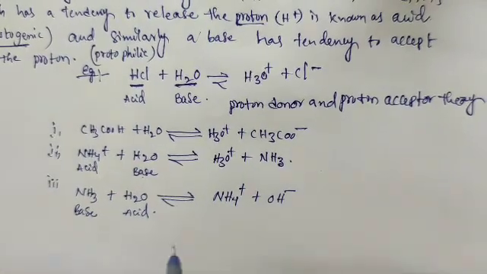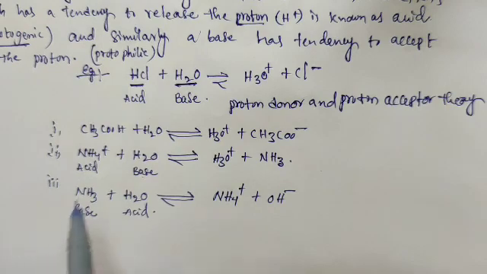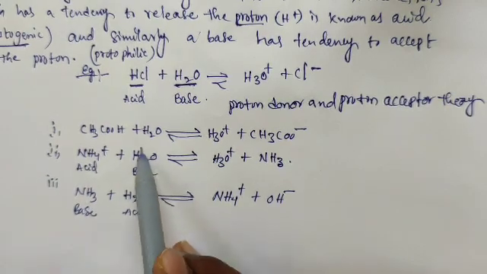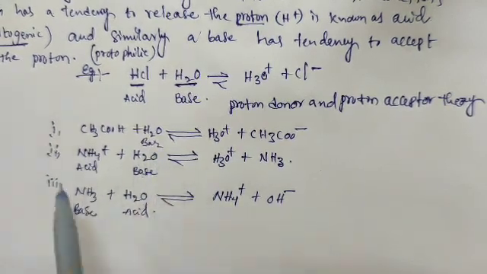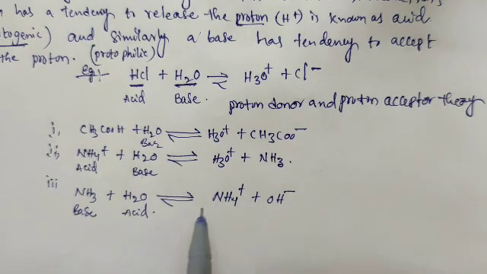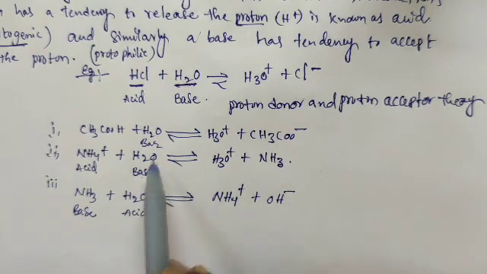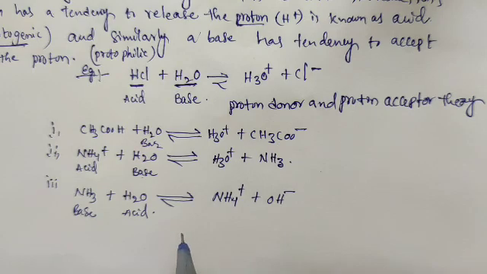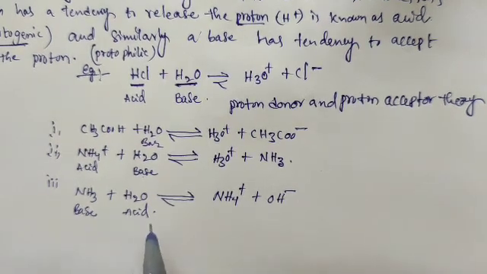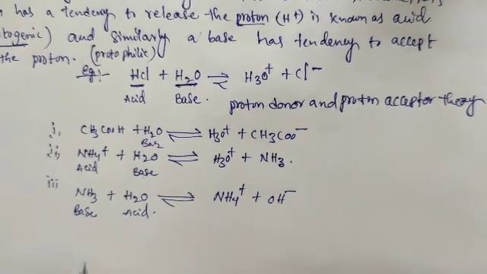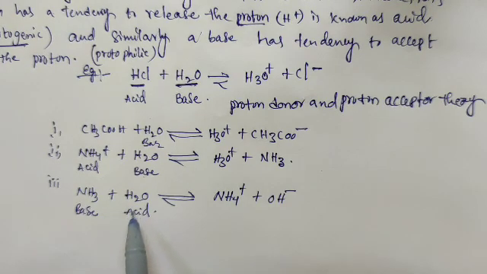Water acts as a base as well as an acid. In reactions 1 and 2, water is acting as a base, while in reaction 3 it is acting as an acid.